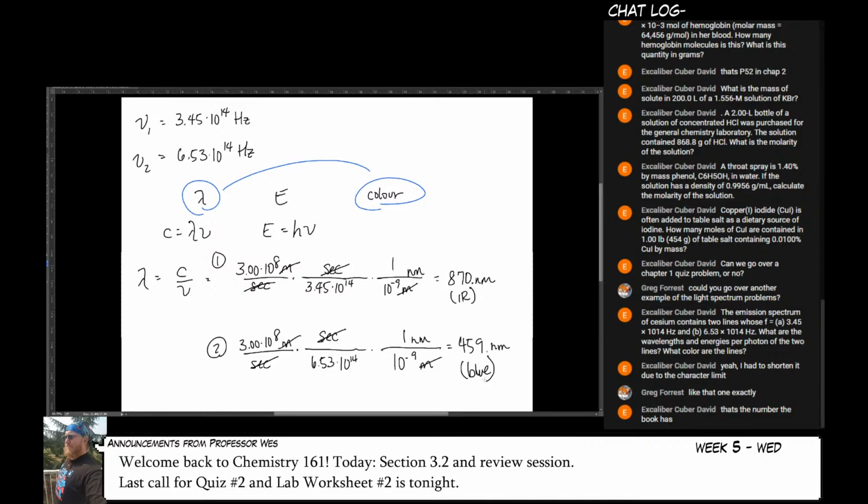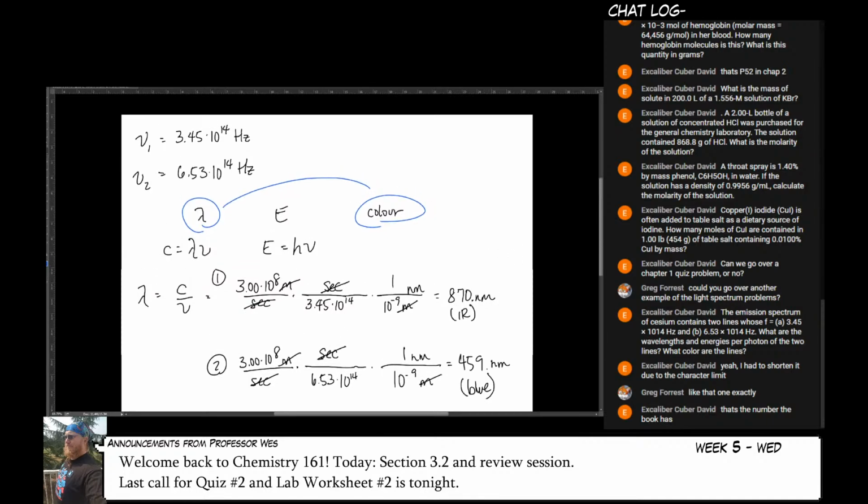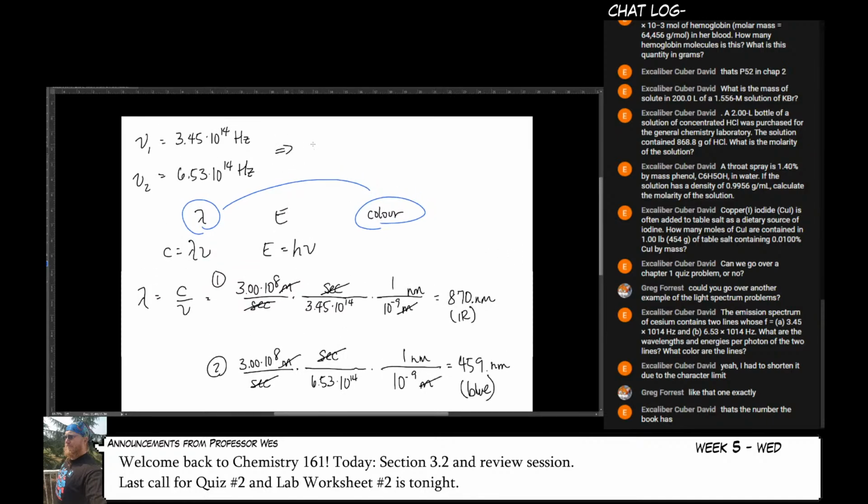And then to find our energy for these, we would just multiply each of these numbers by Planck's constant. So we'll just do that up here.